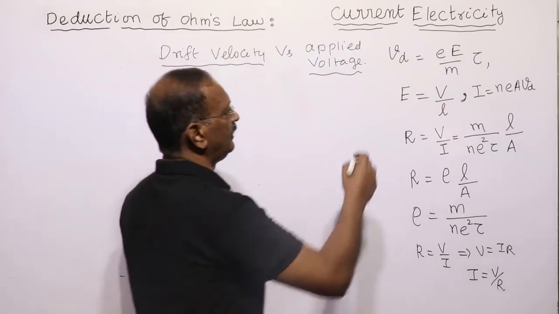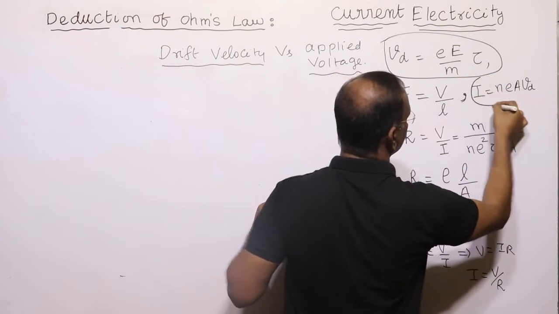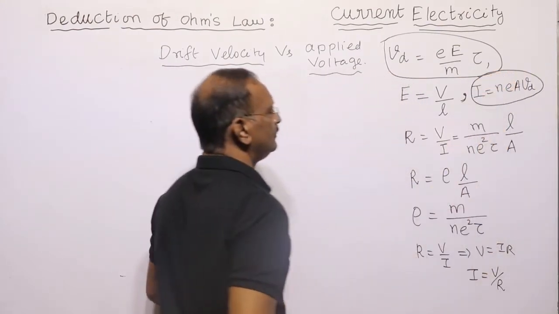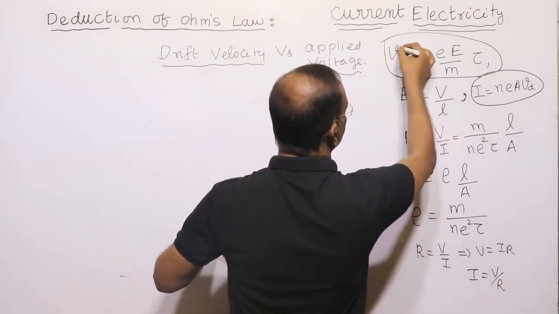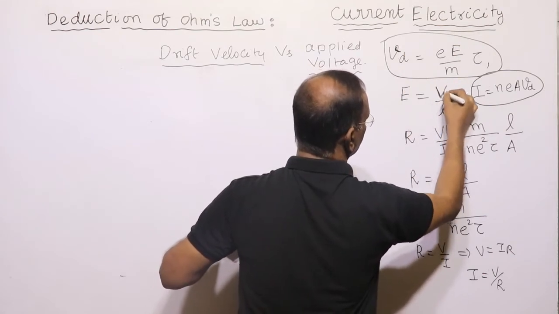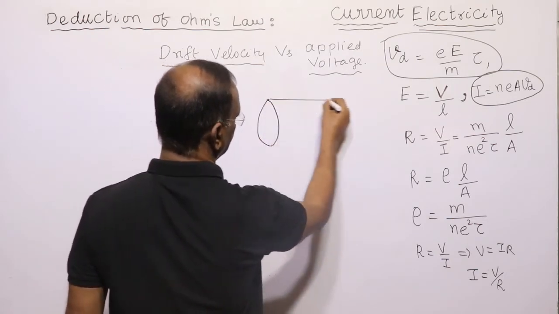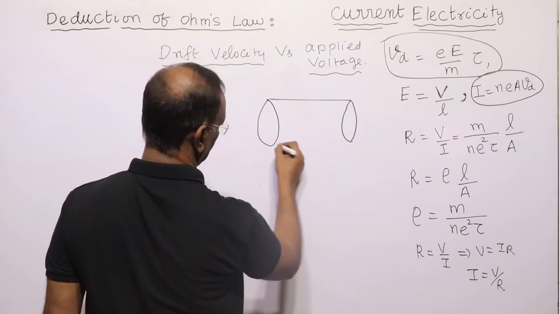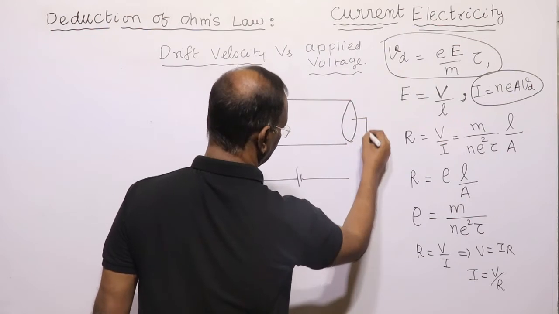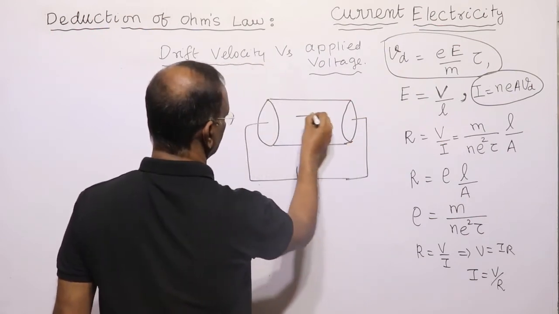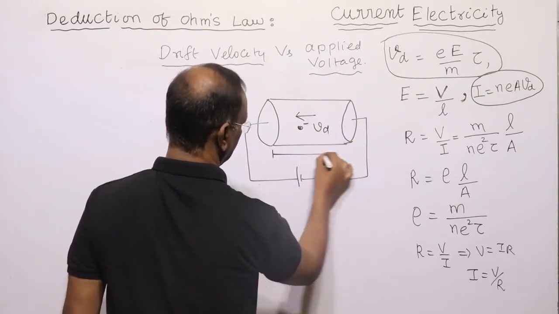Now, since we have proved this for drift velocity and current by the flow of drift electrons in a conductor, where V is the applied potential difference across the conductor, vd is the drift velocity of the electron, and L is the length.